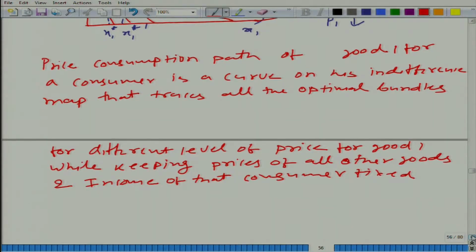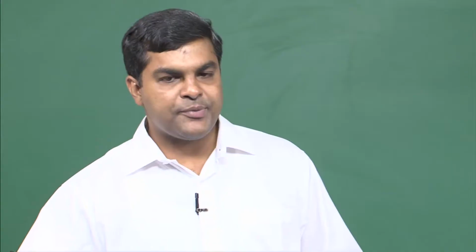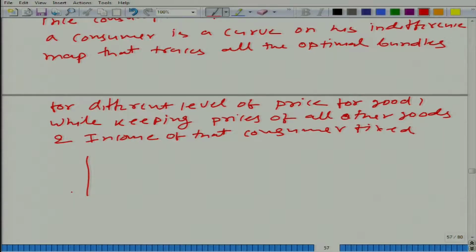Okay. Now, similarly what we can do, we can take these optimal bundles and we can represent them in a different graph. A graph where on x axis we give the optimal amount of good one and on y axis we give price of good one.